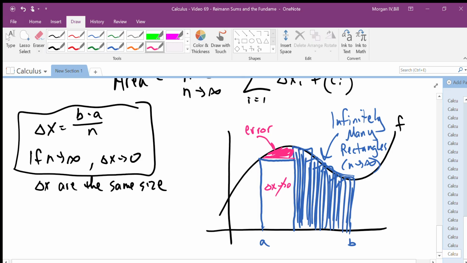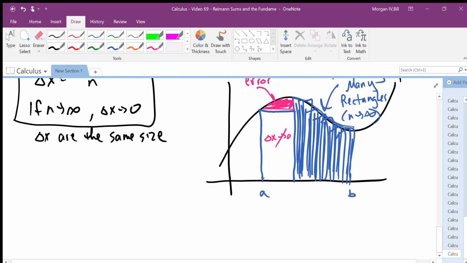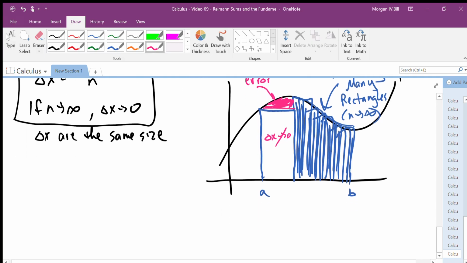So we have to take care of this, and so we come up with one thing where we break up a region into rectangles, we call that a partition.